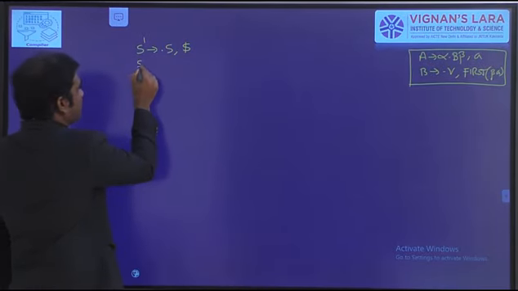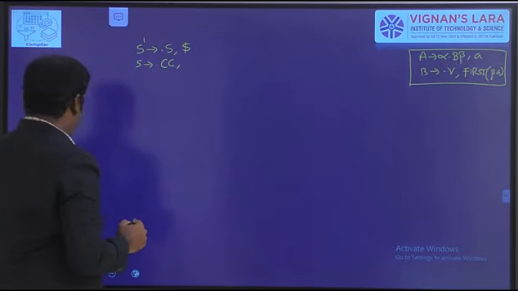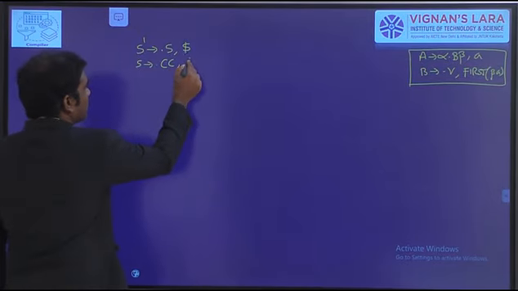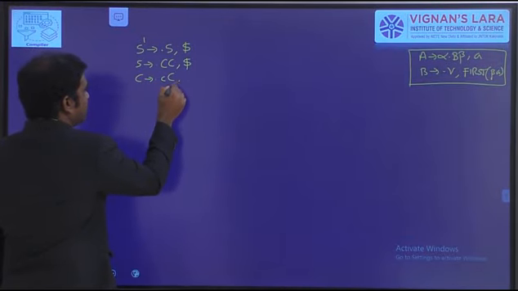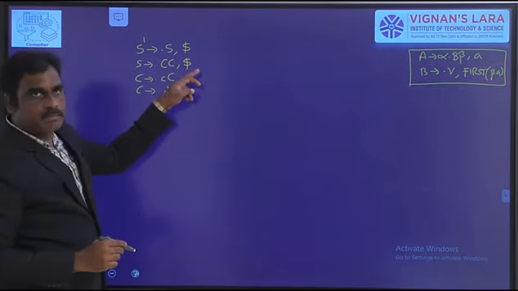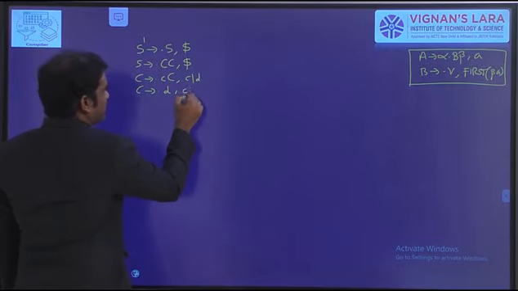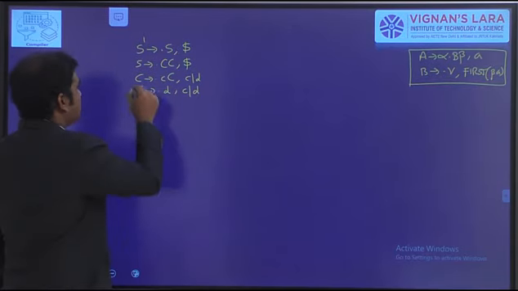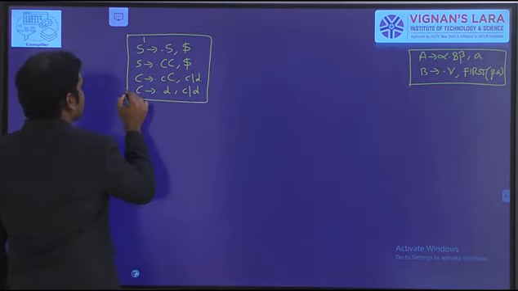So S productions, S2 dot CC. So here the result is dot CC comma dollar. Next, dot followed by C, so C2 dot CC, C2 dot d. First of beta here, beta means C. First of C means either c or d. Dot followed by c terminal, dot followed by d terminal, so there are no new productions. So this is I naught.